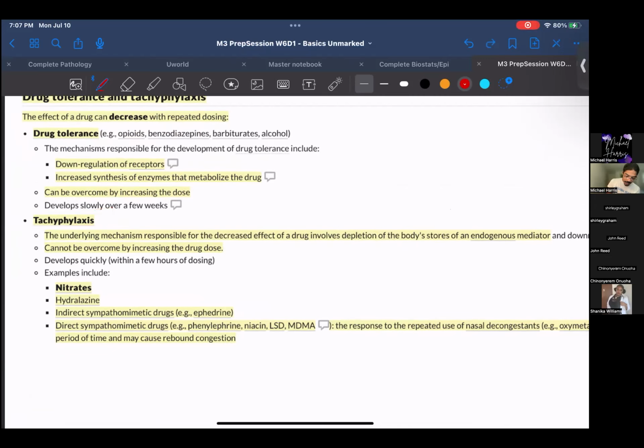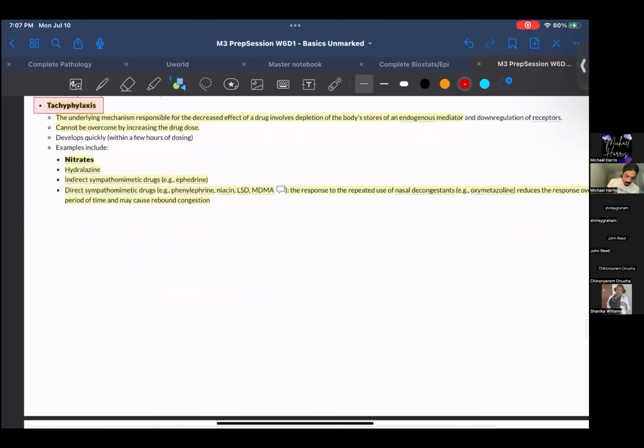Now, tachyphylaxis is a very unique thing. What I mean by this is, let's take, for instance, nitric oxide. Okay? Nitric oxide is a compound that you produce to undergo vasodilation. Right?